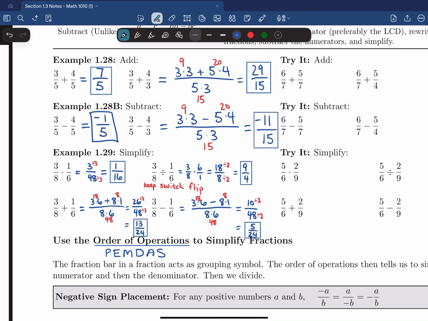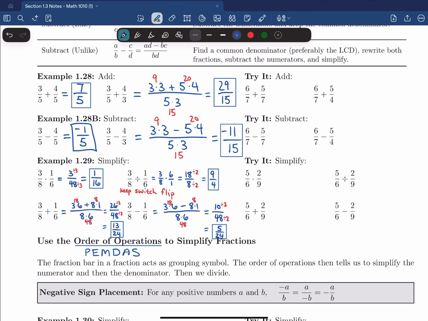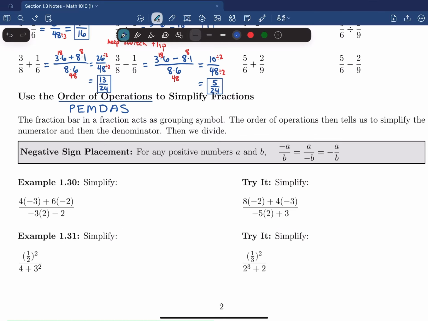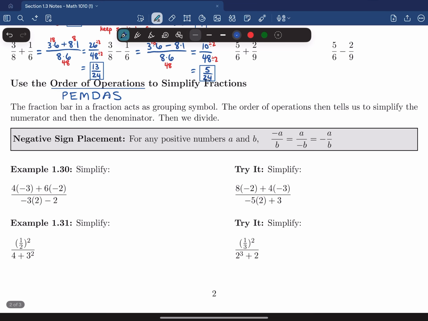Great. At this point, my hope is that I've helped you to become comfortable with multiplying, dividing, adding, and subtracting fractions, whether you have like denominators or unlike denominators. Moving forward, our next objective is to use the order of operations to simplify fractions.